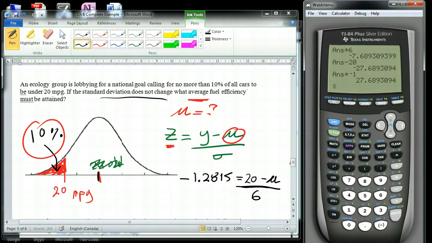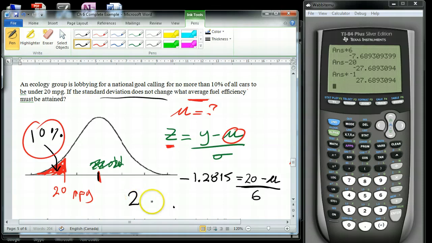And we get 27.69 miles per gallon is our new average.